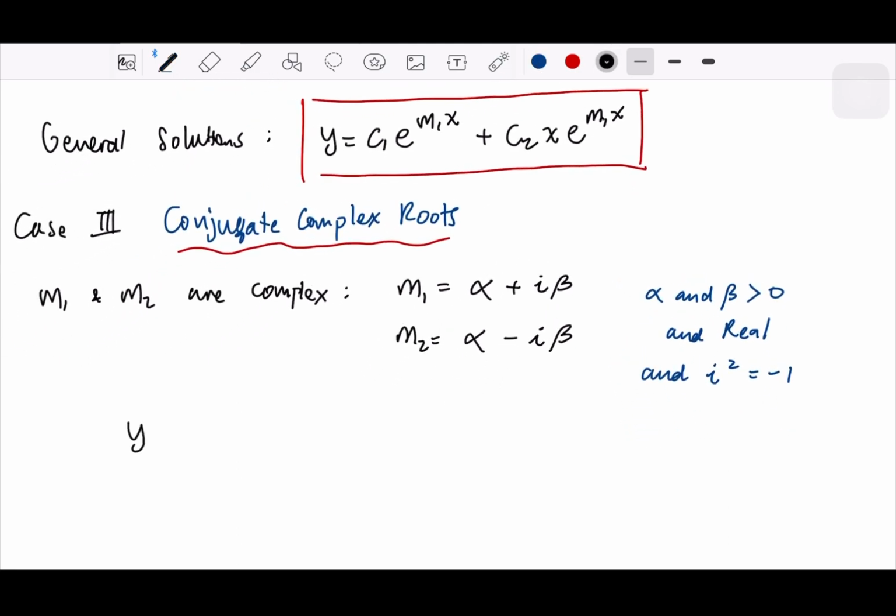We can write the solution the same as the first case, but we are just changing m1 and m2.